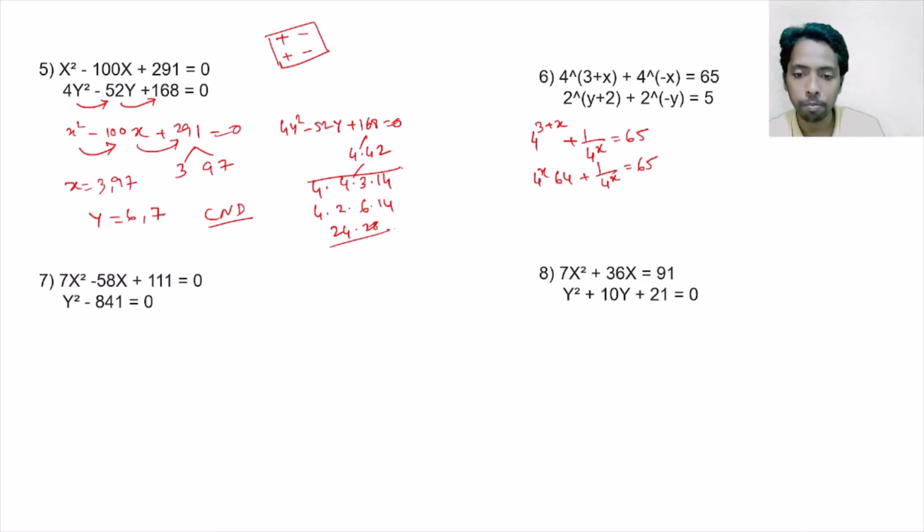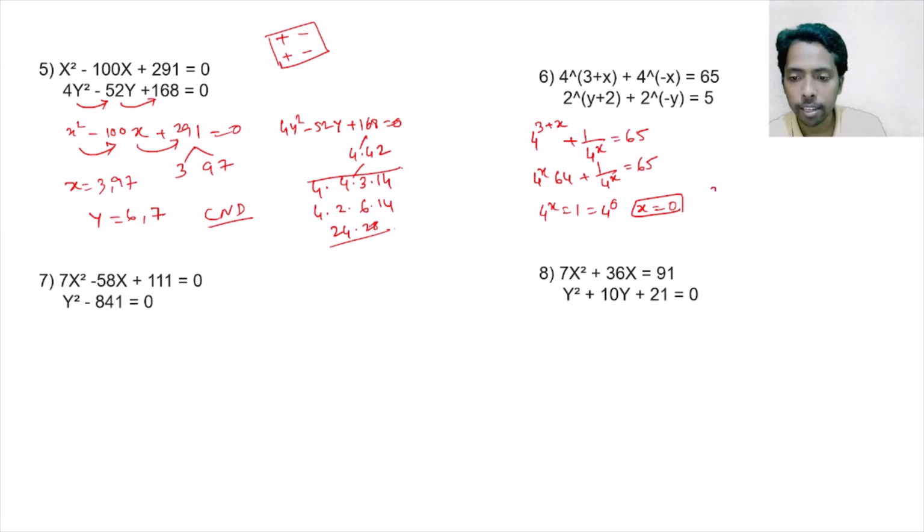This is a very smart way you have to solve it, otherwise it may give you some very lengthy calculation. See, here it's 64, so 64 multiplied by 1 plus 1 satisfies this condition, that is 65. So 4 to the power x equals 1, or 1 by 4 to the power x equals 1, both are the same. So this is 4 to the power x equals 1, which is 4 to the power 0, so the value of x is 0, right?